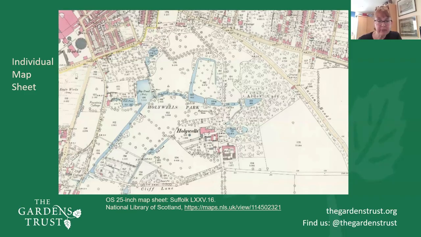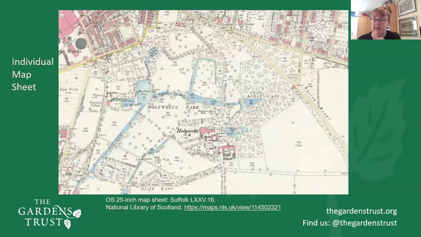We can see in this park there are areas of trees, and on the east side you can see serpentine paths going through them. Right across the middle of this site, there is an extensive chain of different shaped water features, and the main residence is shown with other inhabited buildings to the south. It's marked Holywells in red, and you can see other red buildings to the south of it. Then there are some grey uninhabited buildings to the south of those.